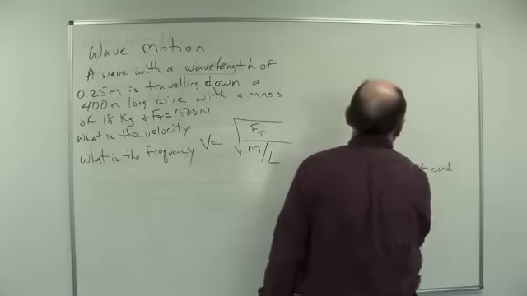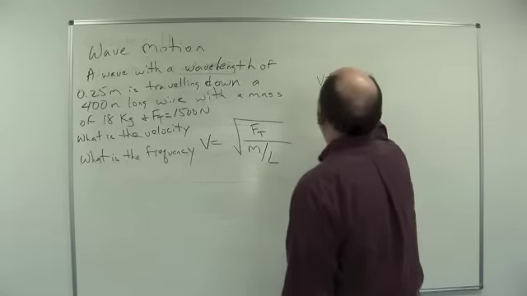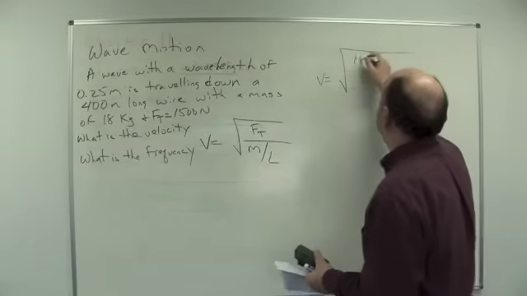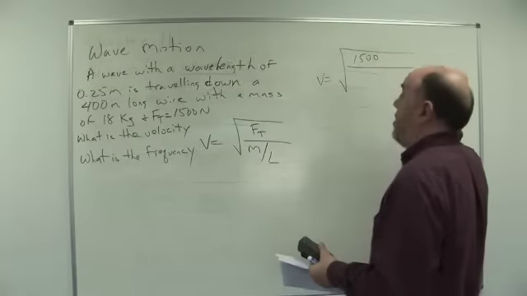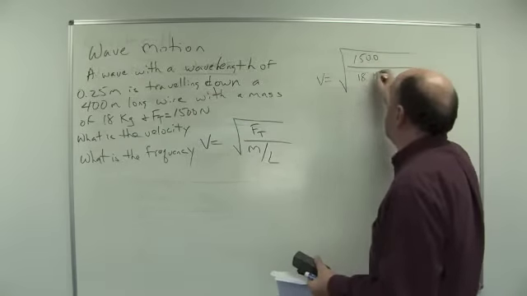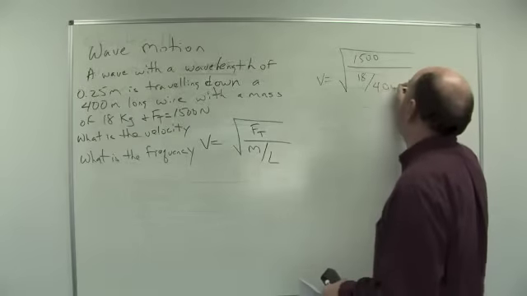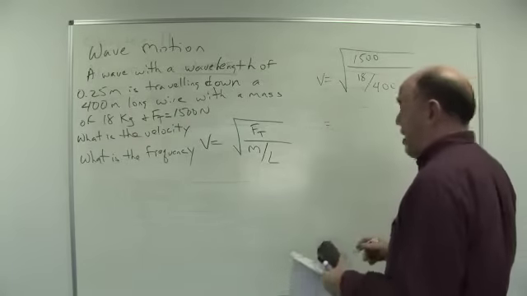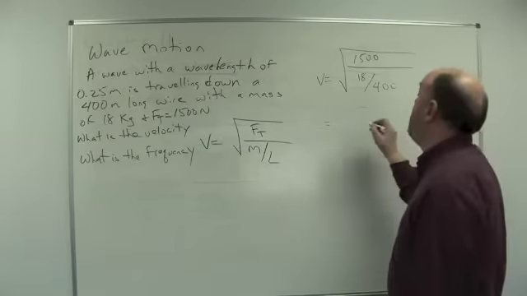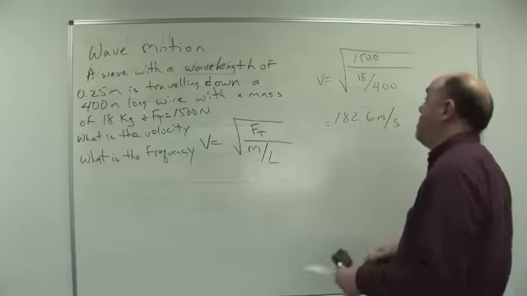The velocity will be the square root of my force, which is 1,500, divided by the mass, which was in kilograms, which is the right units, divided by the length, which needs to be in meters. That number is in the correct units. And so we plug that in, and we get that the velocity here will be 182.6 meters per second.